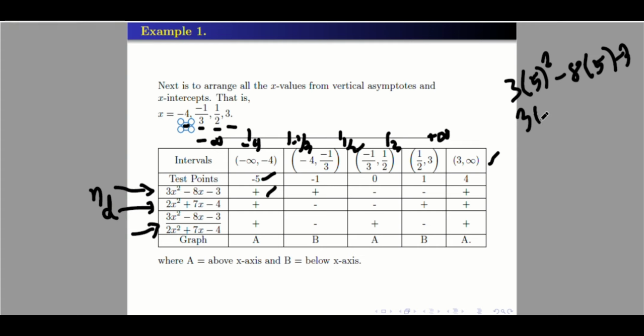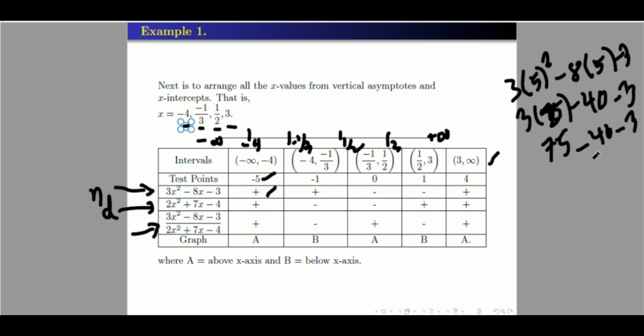So this is 3 times 25, which is 75, minus 40 minus 3.